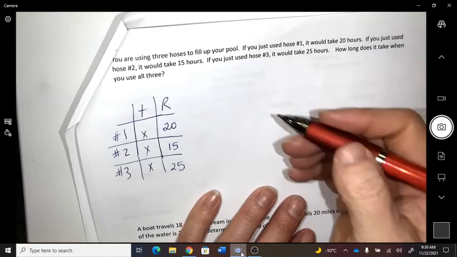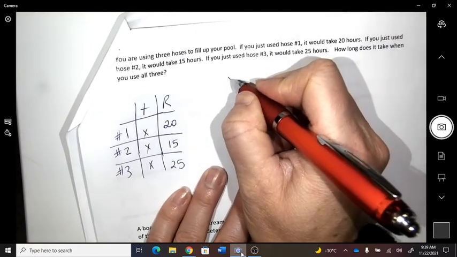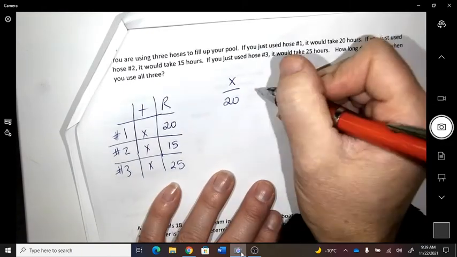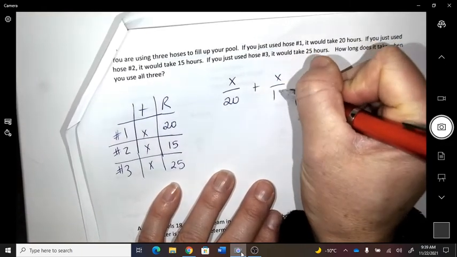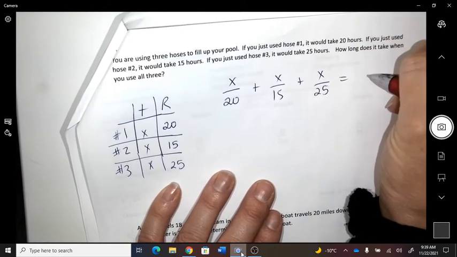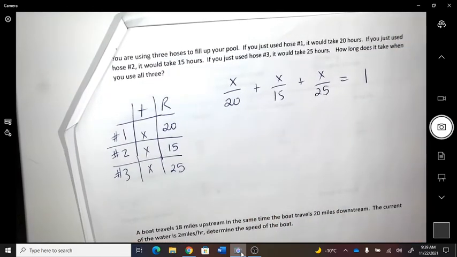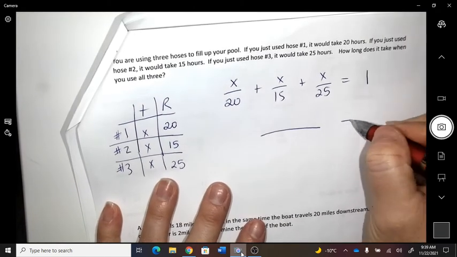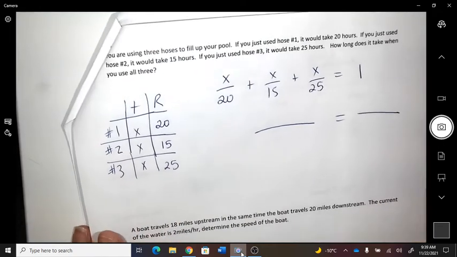Okay, so each portion, so number 1 does x 20ths, number 2 does x 15ths, x 25ths, and each portion adds up to the whole job. Same as last time, we're going to think common denominator both sides.